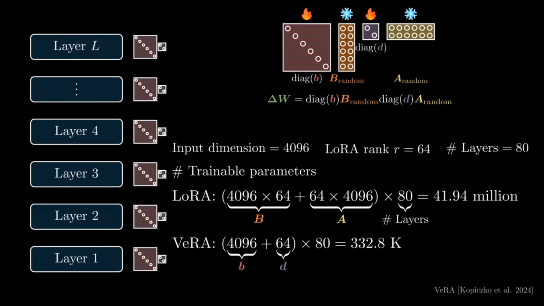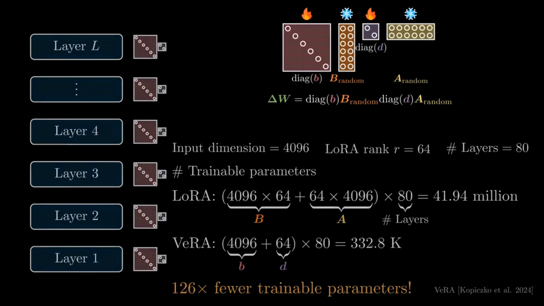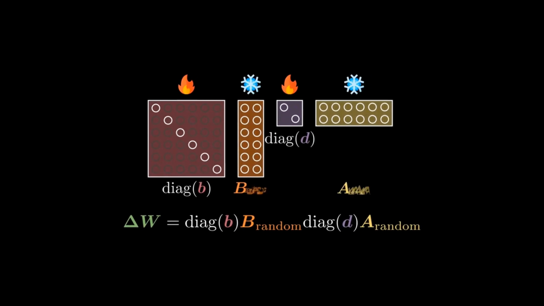That is roughly 333,000 trainable parameters. In this example, VeRA uses about 126 times fewer trainable parameters. Instead of directly learning the low-rank directions, VeRA reuses a fixed set of random directions and learns how strongly to use each one.